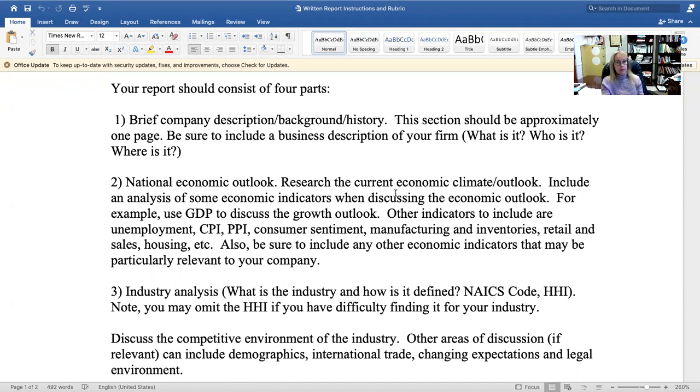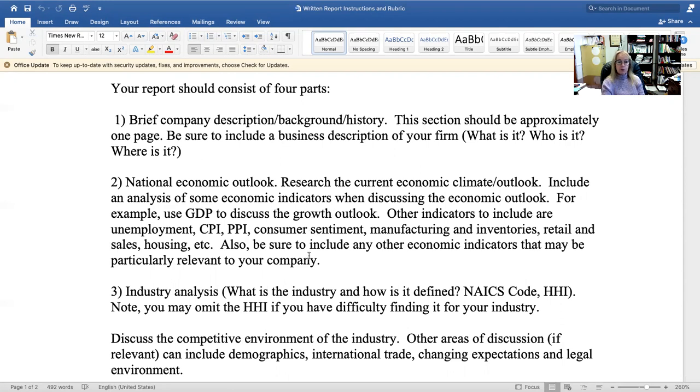And like we've been talking about all semester, economics is more of an art than a science, so there's no right or wrong answer here. You're going to get this data, but then you should provide your own opinion on what you think the economic forecast is going forward.